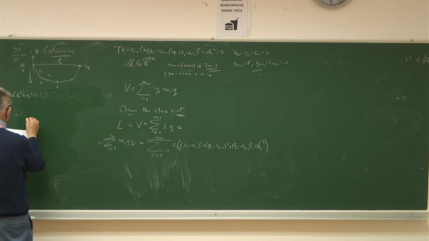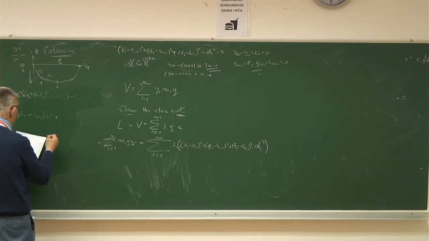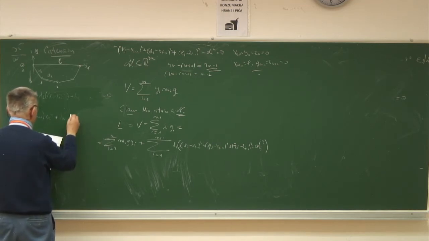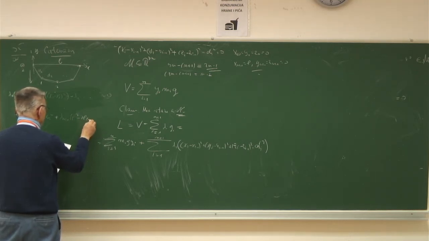Lambda n (xn minus x n minus 1) squared, that's the nth contribution, but there is one more, plus lambda n plus 1 (L squared minus 2L xn).